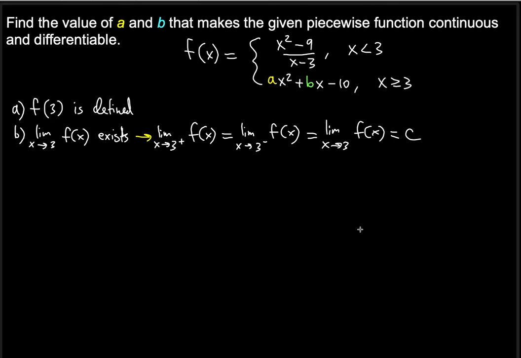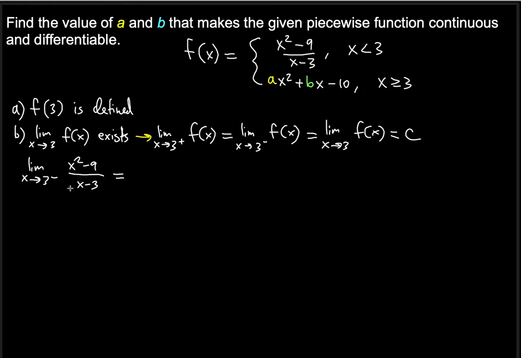You might say, but how do we evaluate the limit? Well, notice first of all that the limit as x approaches 3 from the left, because here x is less than 3, of x squared minus 9 over x minus 3 can be evaluated.